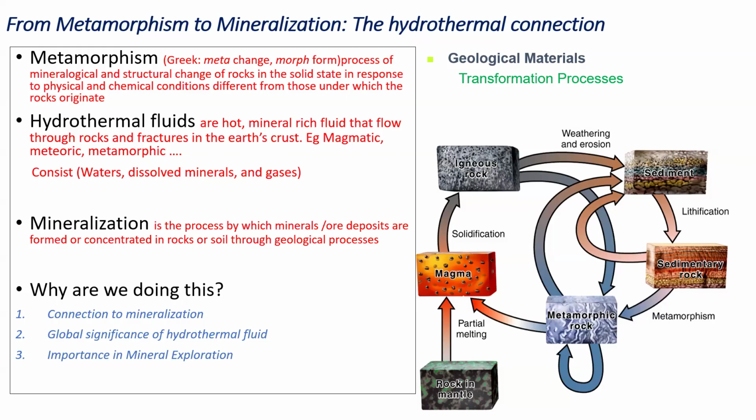Now, the same process that forms your sedimentary rock begins to transform the same sedimentary rock into metamorphic rock. When they continue to operate, the metamorphism will continue until the rock begins to partially melt.